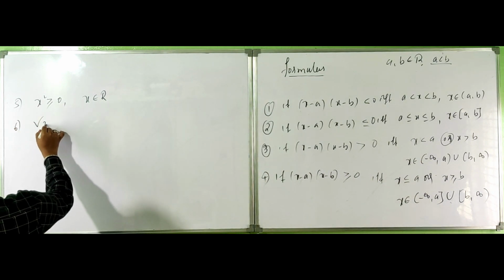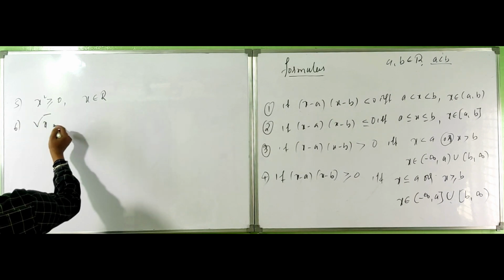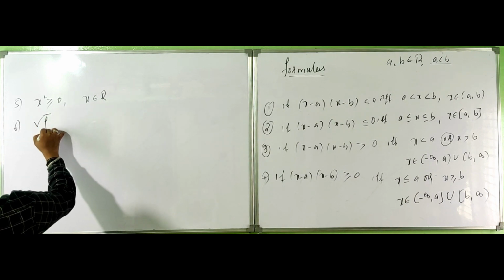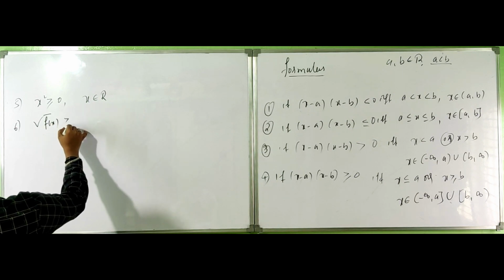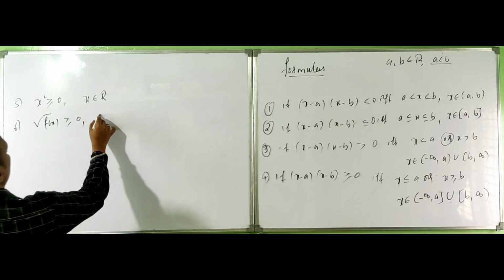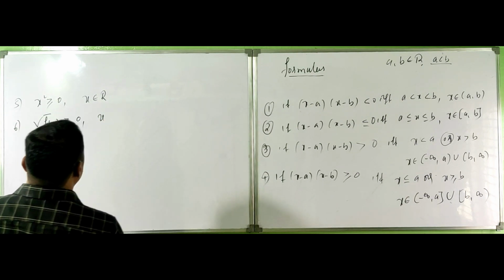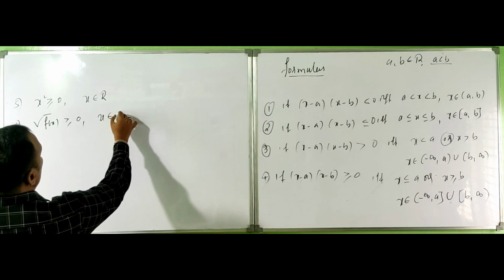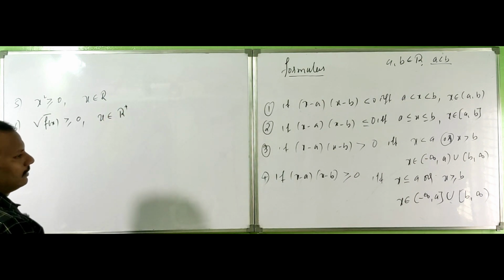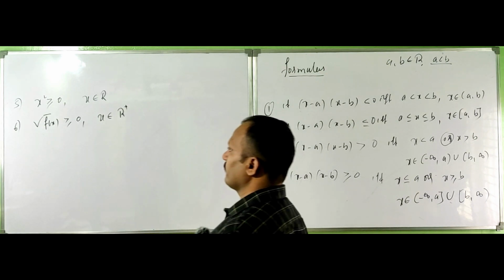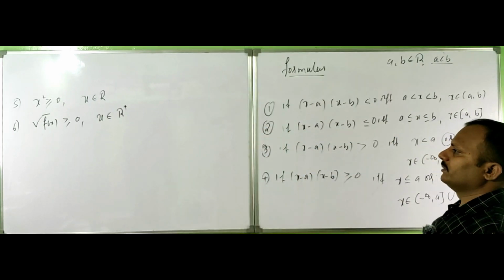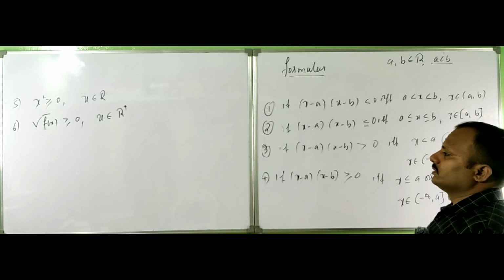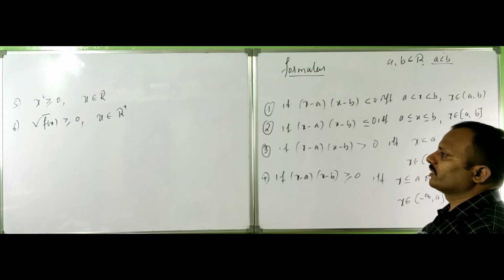Sixth one, square root of f of x, where f of x is a function, is defined when f of x is greater than or equal to 0, for x belongs to R plus, must belong to 0 or R plus, any function.